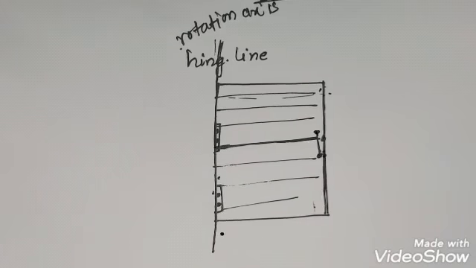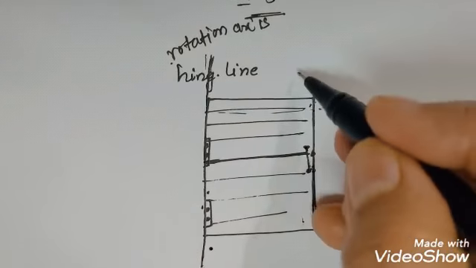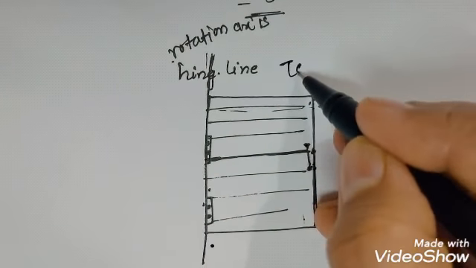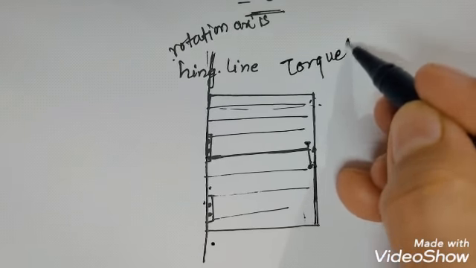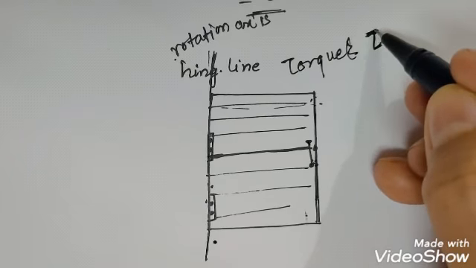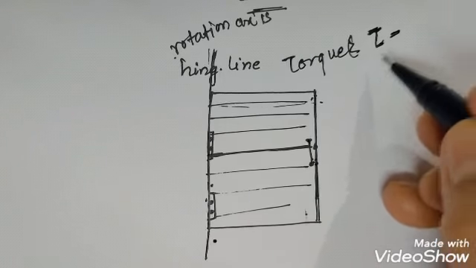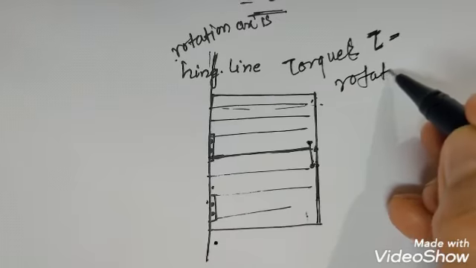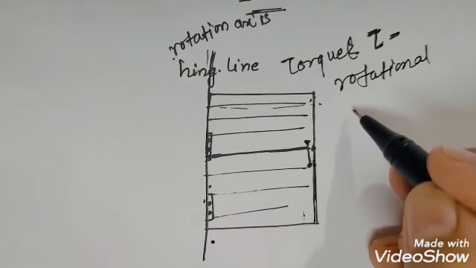The rotational analog of force. So what we can say is the torque, which we represent with the letter tau. This is the letter tau. Okay, so this is actually the rotational analog of the force.